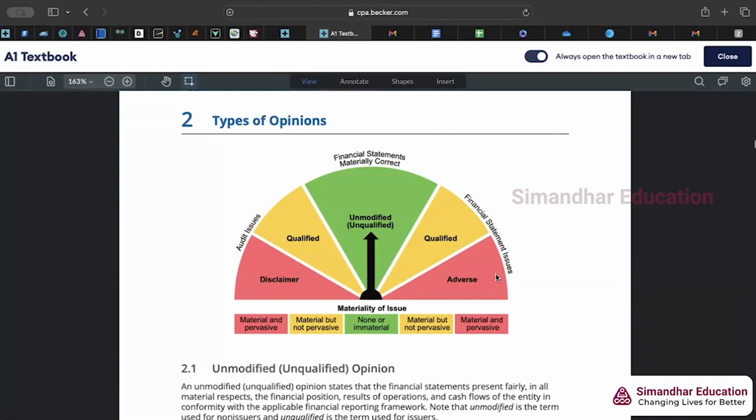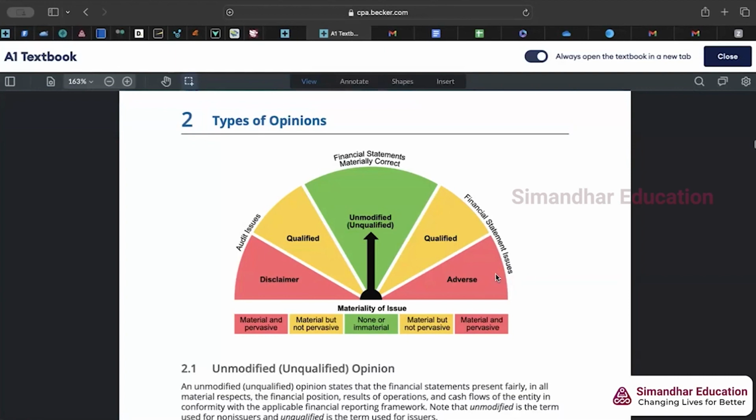Then it is not only impacting my bank balance, my cash balance, it is impacting my AR, my AP, every single line item of the balance sheet. Are we clear? Material and pervasive.